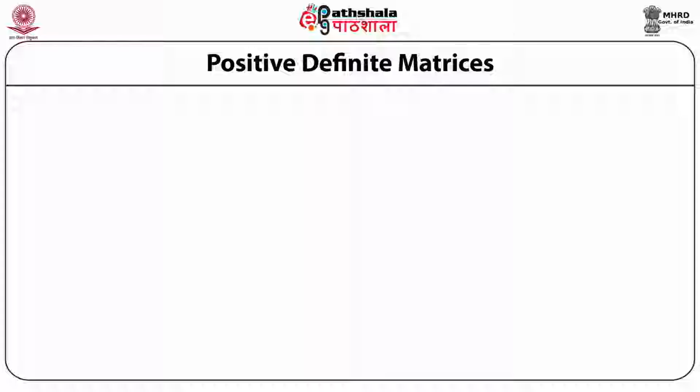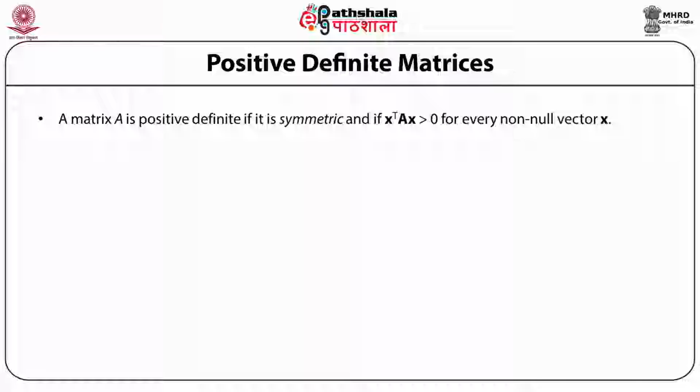Positive definite matrices. A matrix A is positive definite if it is symmetric and if x transpose A x is greater than 0 for every non-null vector x. So let us see an example, a 2 cross 2 matrix with elements 2 1 1 4.